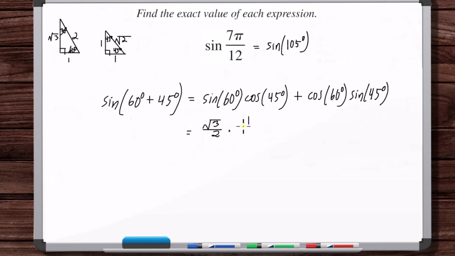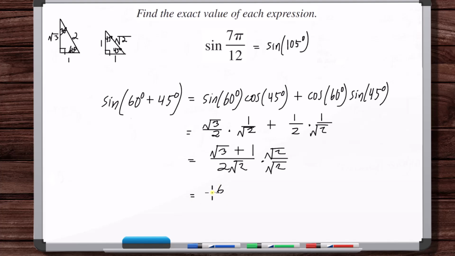Cosine 45 is going to be 1 over root 2. Cosine 60 is going to be 1 over 2. Sine 45 is 1 over root 2. So we've got root 3 plus 1 over 2 root 2. Root 6 plus root 2 over 4.